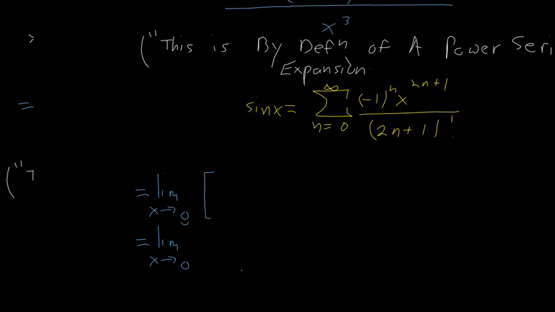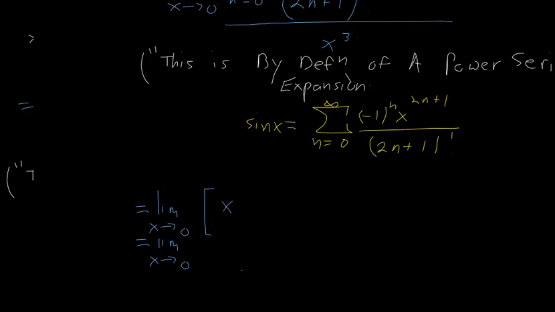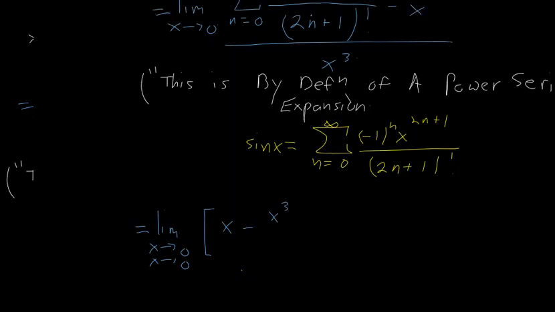The next one, when n is 1, remember we increment by 1 when we have a summation. So when n is 1, 2n plus 1 gives us 3, x cubed, negative 1 to the 3, so negative 1 times x cubed. This becomes negative x cubed all over 3 factorial.